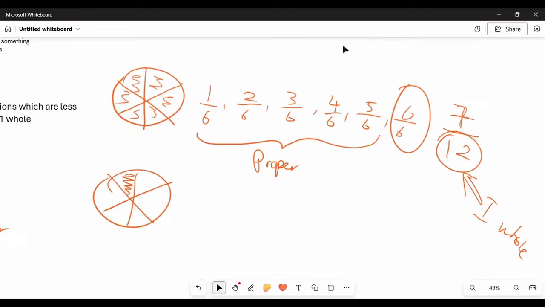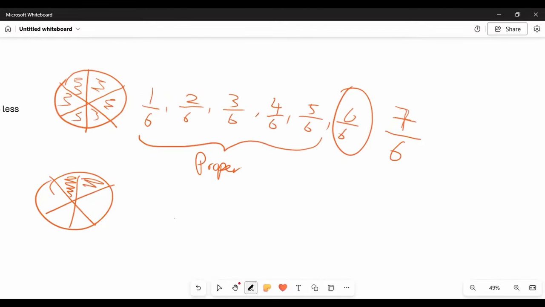Is that point clear now? So remember, the denominator always represents only one whole. Any questions? So here the denominator should be 6.